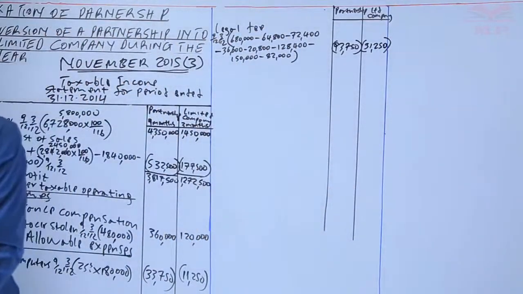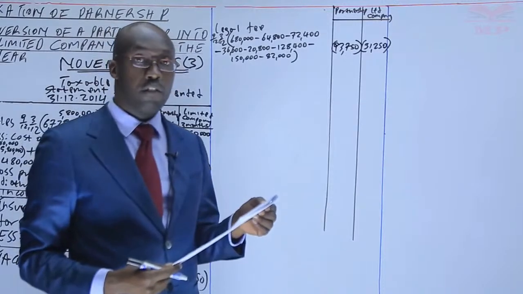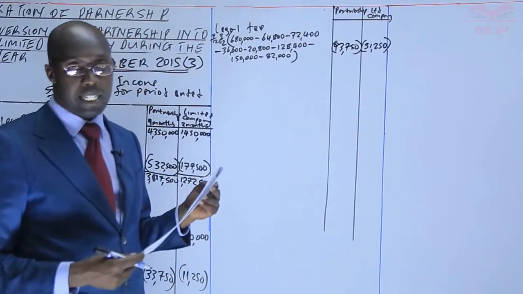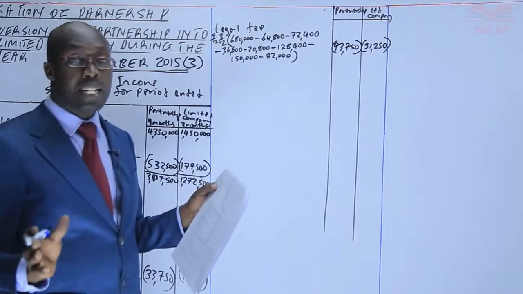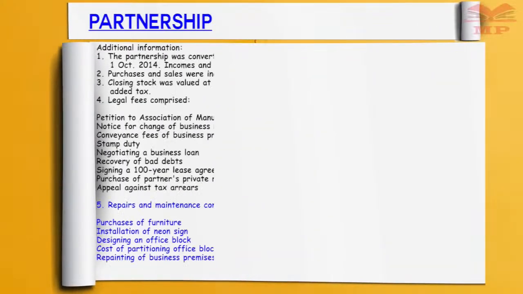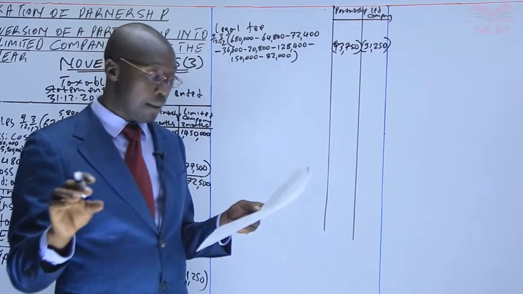Then we continue. We go back to the income statement and continue looking for allowable expenses. After that, there is repair and maintenance. Repair and maintenance is an allowable expense. However, there is a point number 5 about it. If there is something mentioning that item, go check so that you determine if there are some parts which are not allowed, and you remove them.